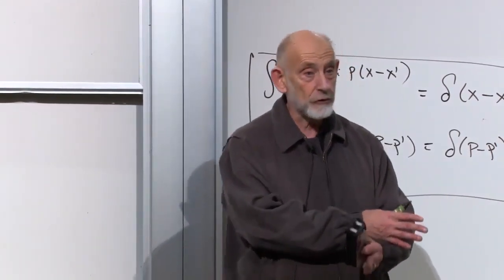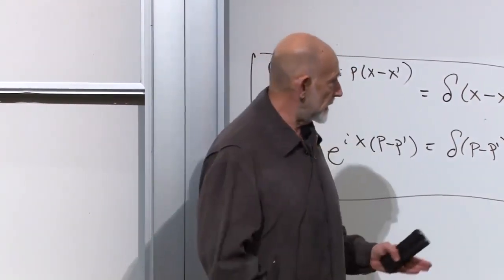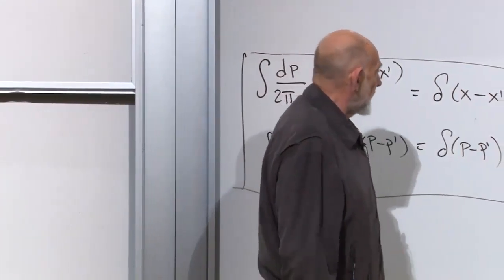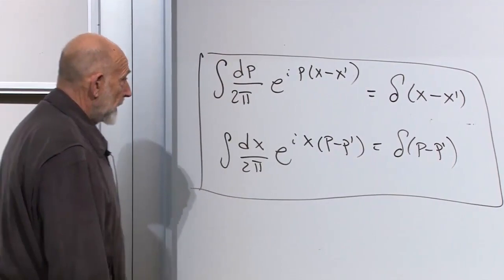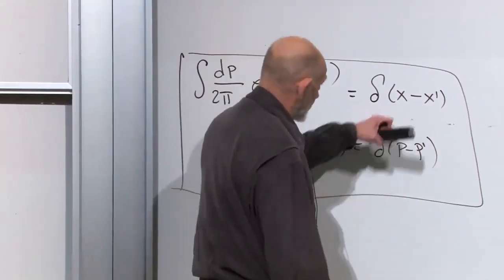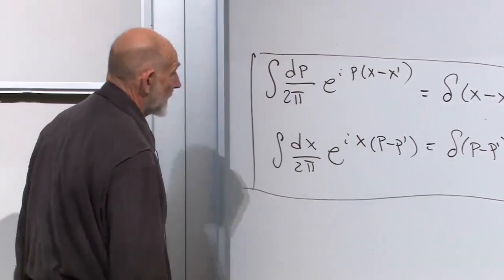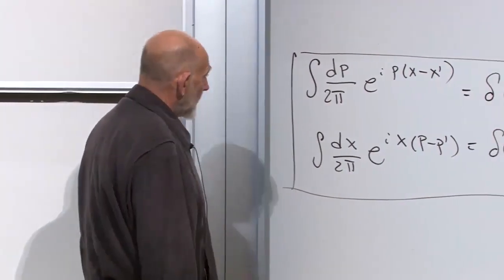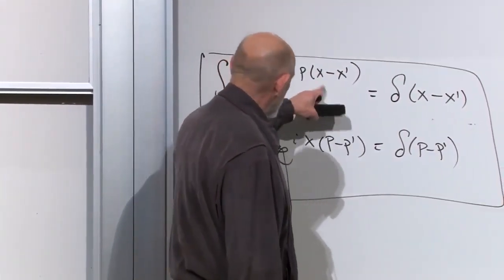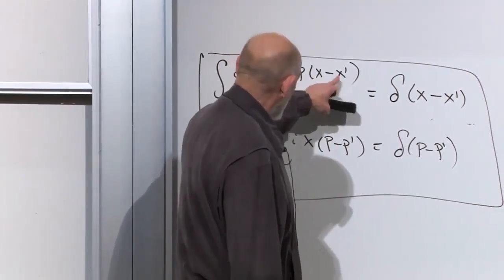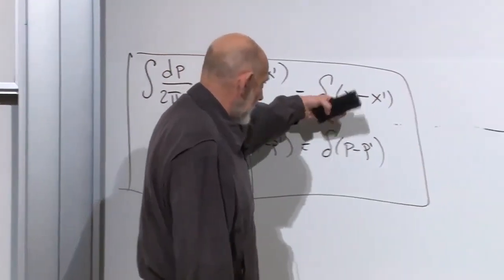It's a symmetric function of its argument. Delta of x minus x prime is the same as delta of x prime minus x. So you can check that. So the answer is it doesn't matter. But you're probably right. Probably if I did the derivation systematically, I might have gotten x prime minus x here, but then in the end, it doesn't matter.